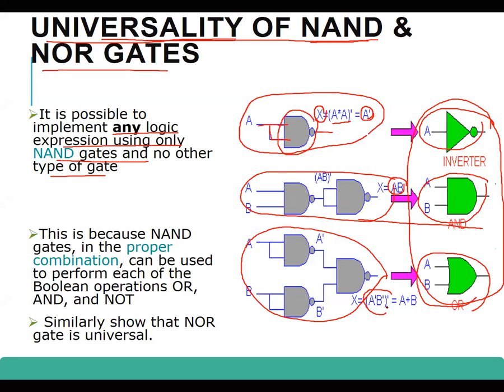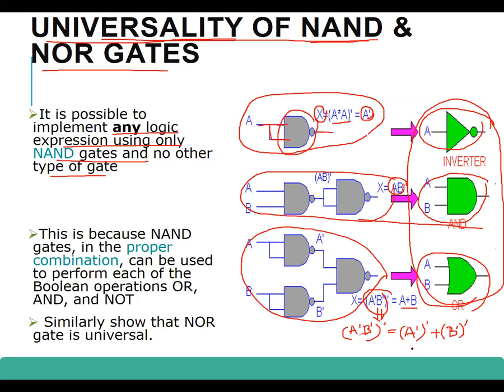So this is equivalent to A OR B, mainly because if you apply De Morgan's theorem here, you can see (A'B')' equals A'' OR B''. The AND is replaced by the opposite, OR, and the terms are complemented.